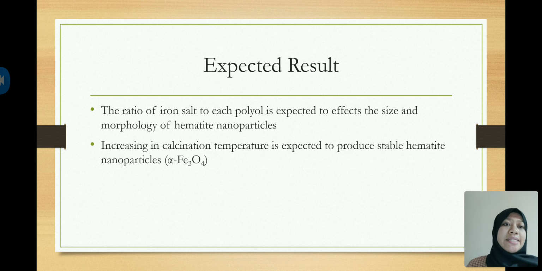The second is that increasing calcination temperature is expected to produce stable hematite nanoparticles. At 50 degrees Celsius, it is expected to form stable alpha iron oxide due to the complete thermal transformation at 15 degrees Celsius.